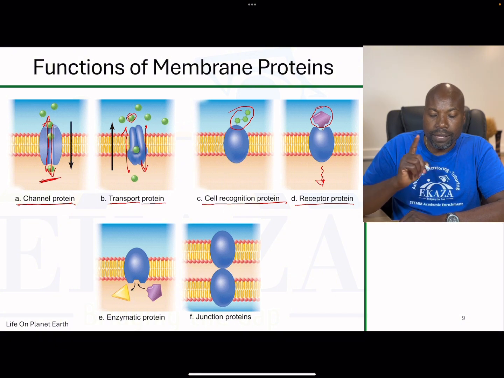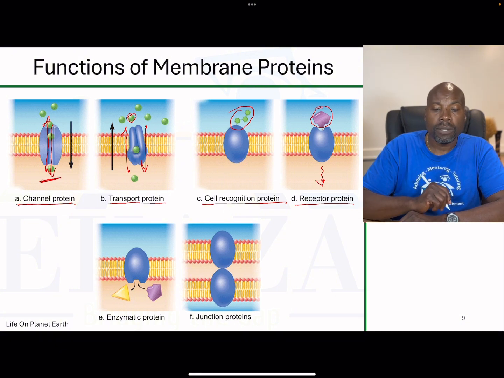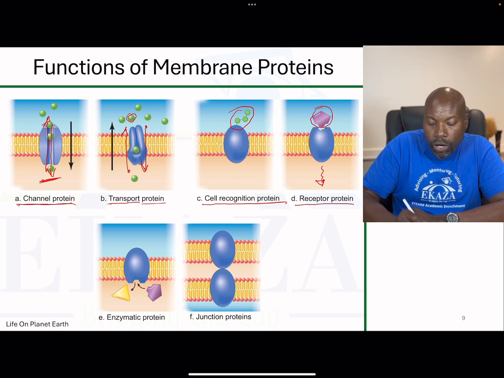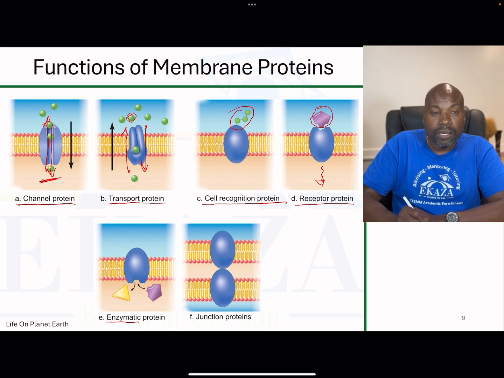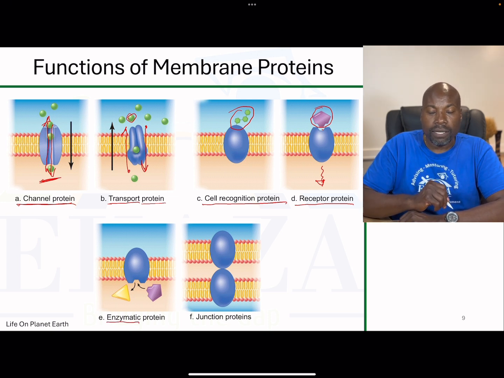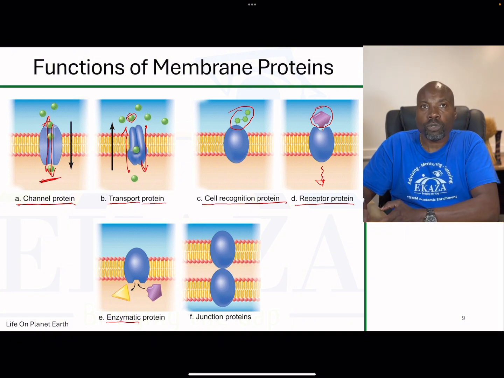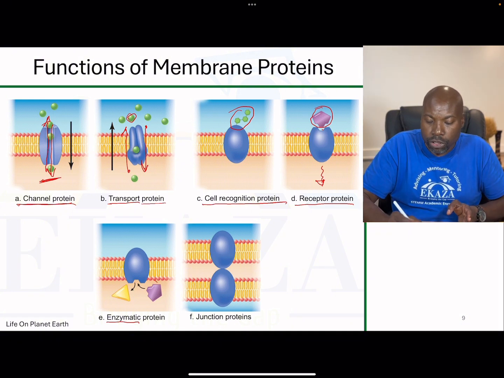Okay? Then we have some membrane proteins that play the role of enzymes. These enzymatic proteins are able to change a substrate into a given product, just like you see here, from this to this.